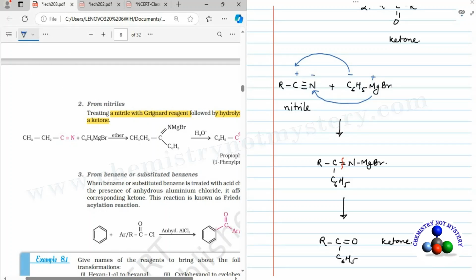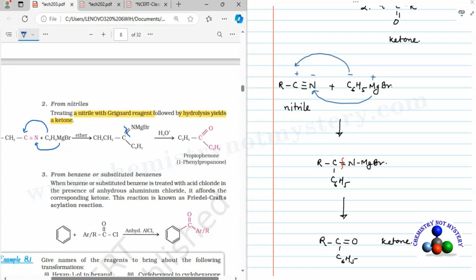This is CH3CH2C triple bond N, this is nitrile, and here it is C6H5MgBr. So C6H5 will get attached to carbon and MgBr will get attached to nitrogen in dry ether. When this undergoes hydrolysis, the double bond will break and oxygen will get attached to the carbon, and that's how you will get 1-phenylpropanone.